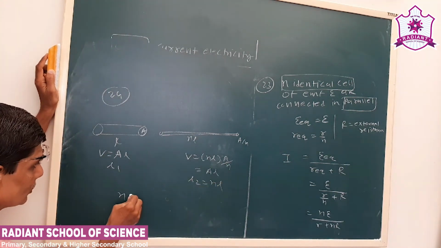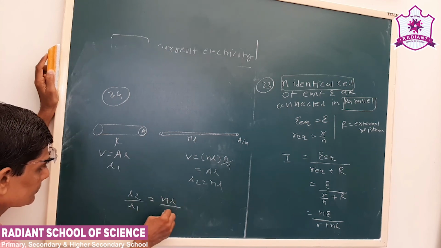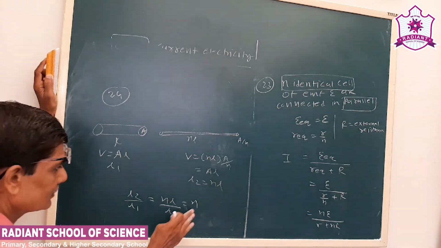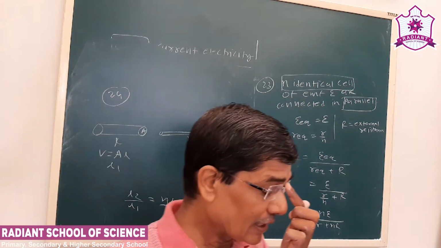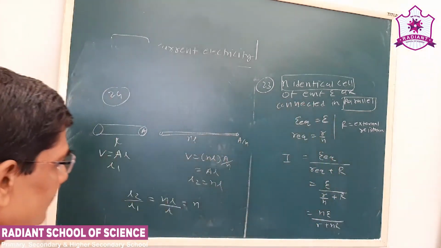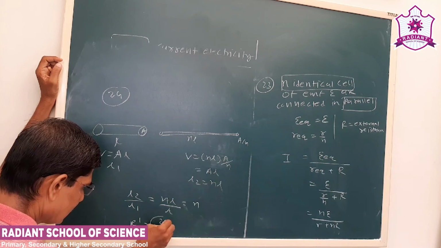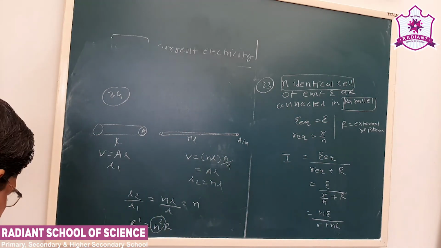So n is equal to L2 upon L1. Now we have discussed earlier, when the length of a wire becomes n times, then resistance becomes n square times. So R dash is n square R. So this is our answer. Resistance becomes n square times.